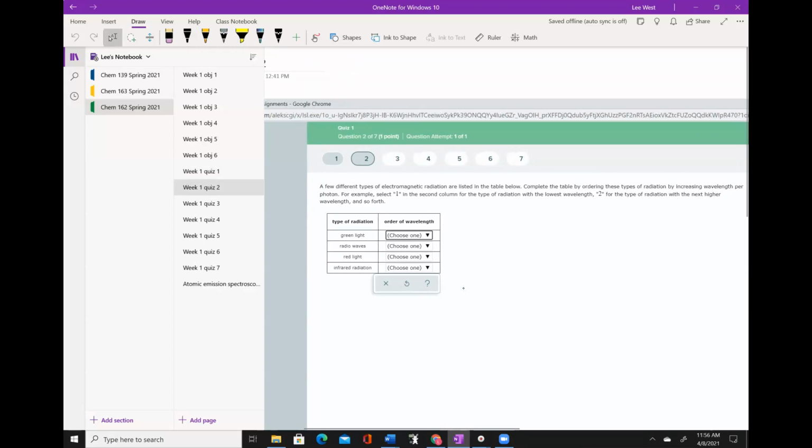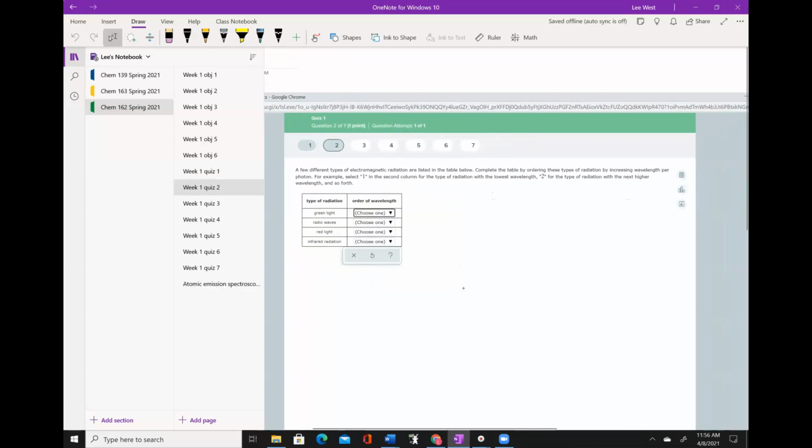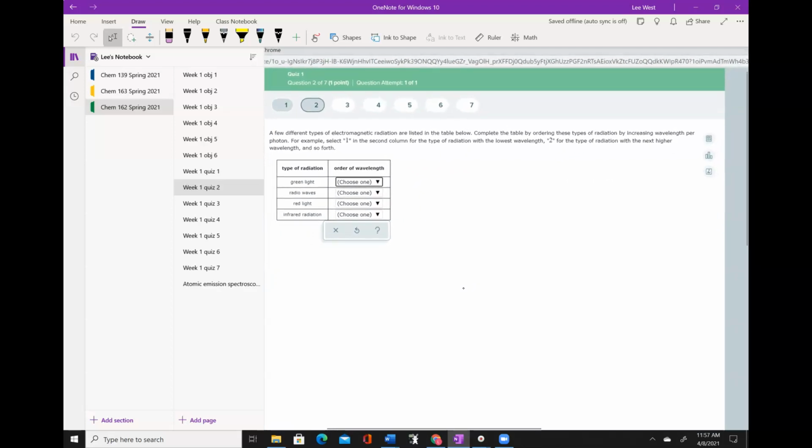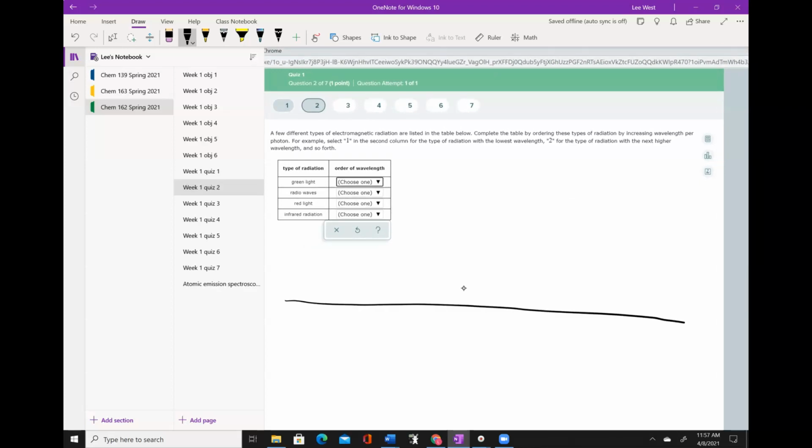Okay, this looks like it's ranking things in order of wavelength. So whenever you're ranking, you always want to make sure that you don't get the order reversed by accident. A few different types of electromagnetic radiation are listed in the table below, so you can look at figure 6.3 in the book, or you can kind of make your own EM spectrum.